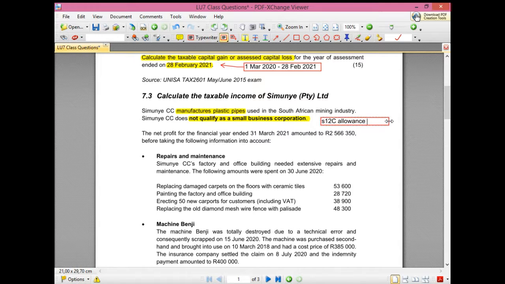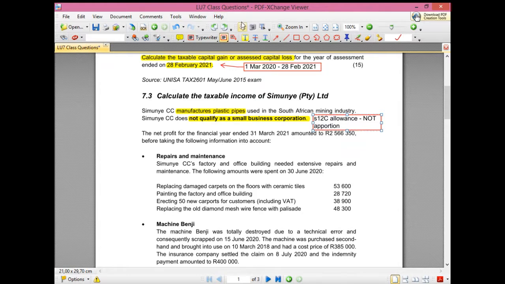Now remember, with that allowance, it is not apportioned. So even if I buy that machine literally a few days before the year end, I can actually claim the full deduction for that year, irrespective of how many days I've used it for. Okay. Unlike your section 11E, which is your normal wear and tear allowances where you have to go apportion it. So that means I have to go work it out for the period I physically used it.